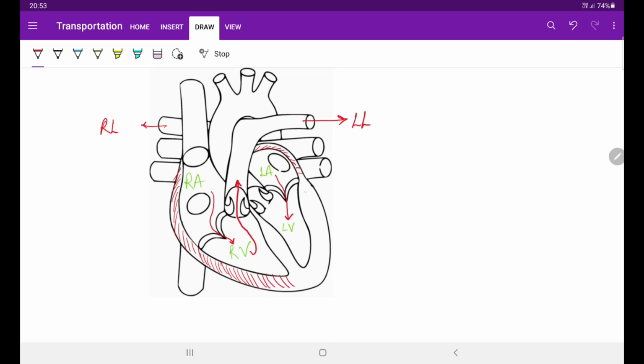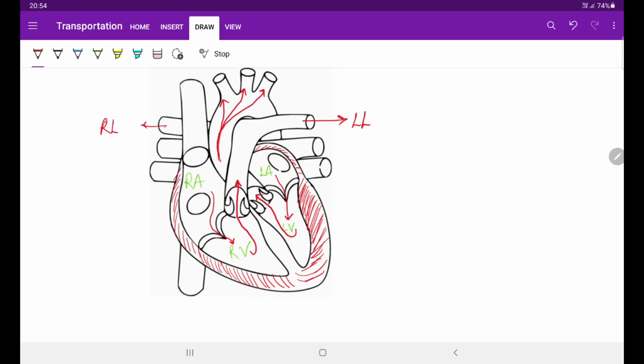Why so? Because the left ventricle has to pump the blood, which is oxygenated blood, into the aorta, and the aorta has to pump the blood to different parts of the body. Thus, the walls of the left ventricle are far thicker as compared to the right ventricle.